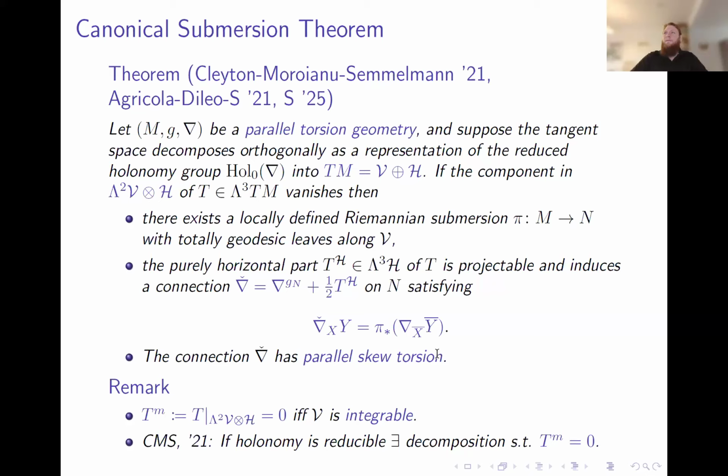But luckily, that is not a super restrictive condition. In fact, Clayton, Moroianu and Semmelmann, in their seminal paper on this, showed that if the holonomy is in some way reducible, there's at least some decomposition such that this mixed part vanishes. So we can always apply this theorem in at least one way.